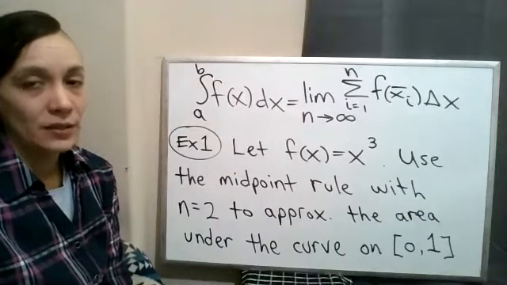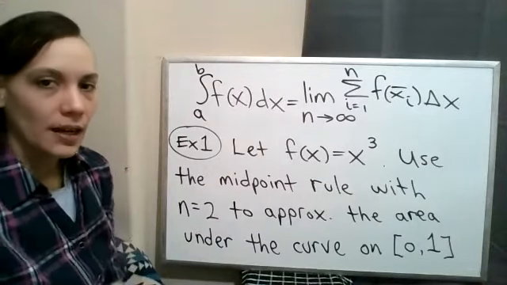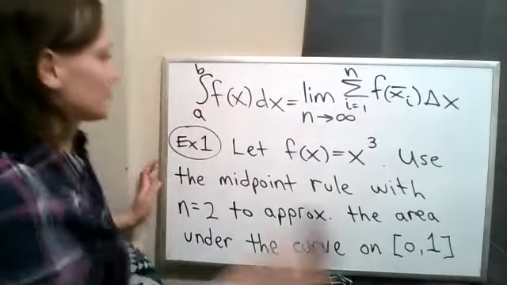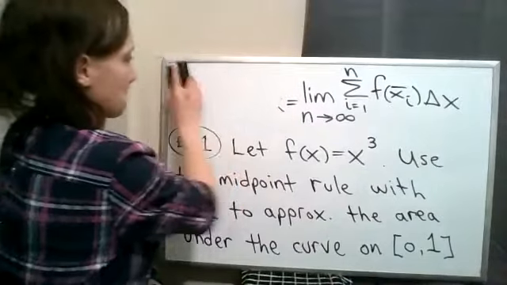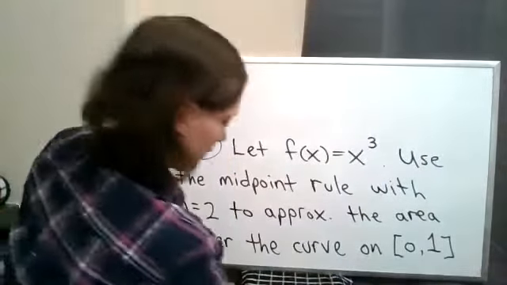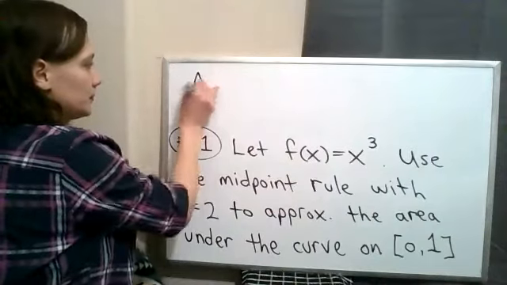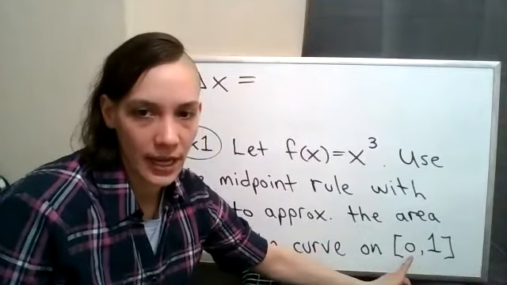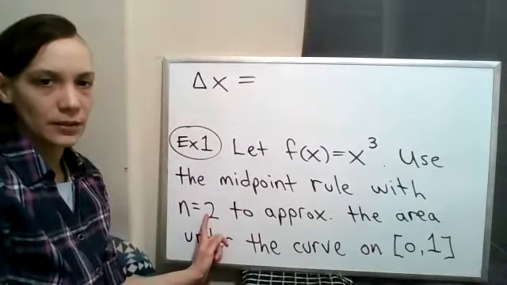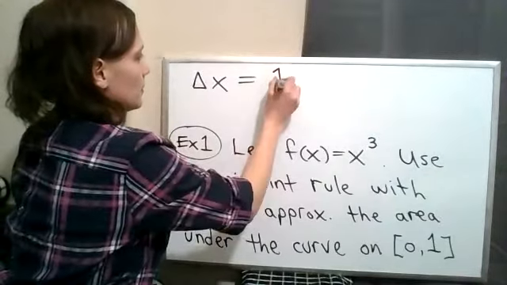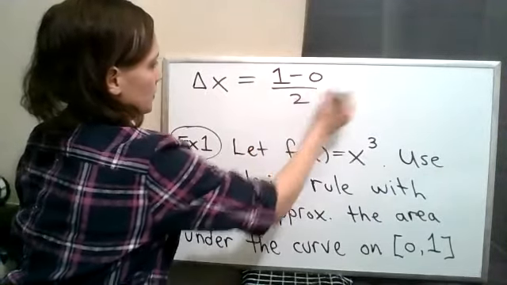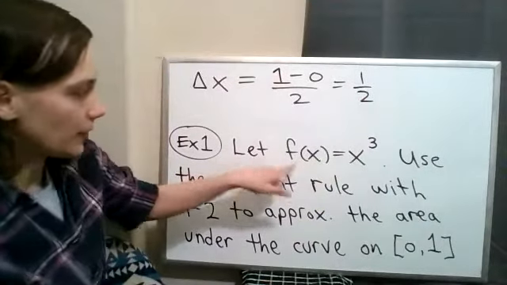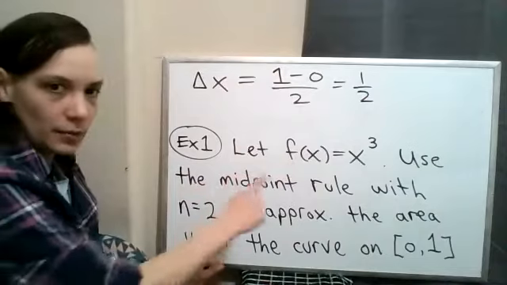So this one we can start to draw a sketch of. First part though is let's find delta x. Okay, so we want to take 1 and subtract 0 and divide by n, 2. Okay, our function is x cubed, which goes up and over and up again.